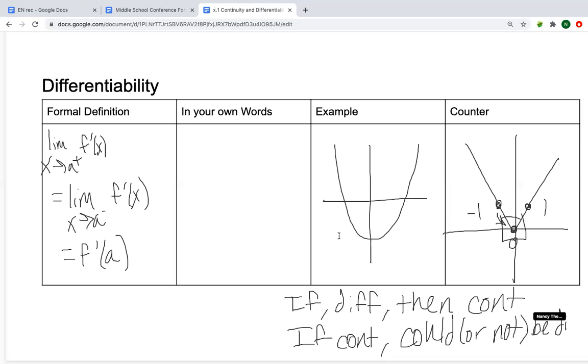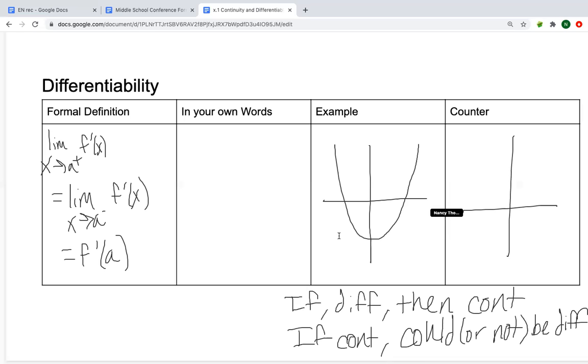And we can see that in this example right here. When I'm looking at the absolute value function, it's not differentiable, but I can draw this function without picking up my pencil, meaning it is continuous. It's just not differentiable. So that is your lesson in continuity and differentiability.